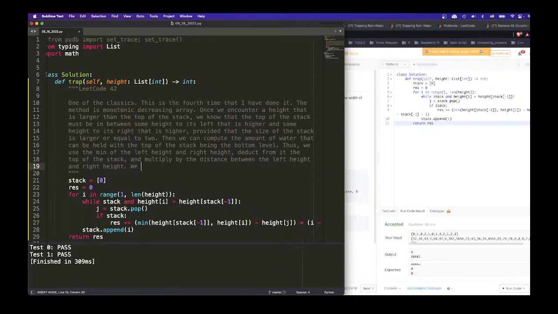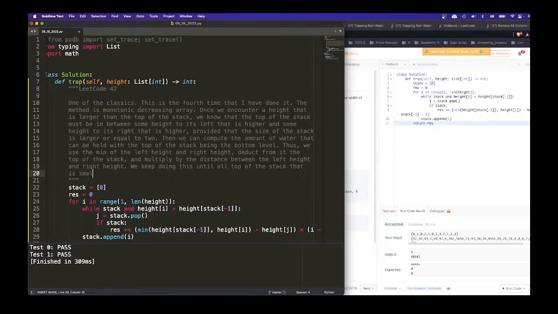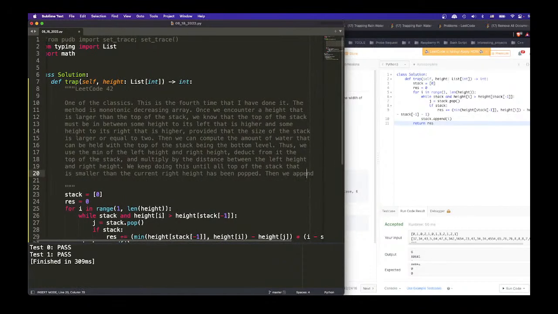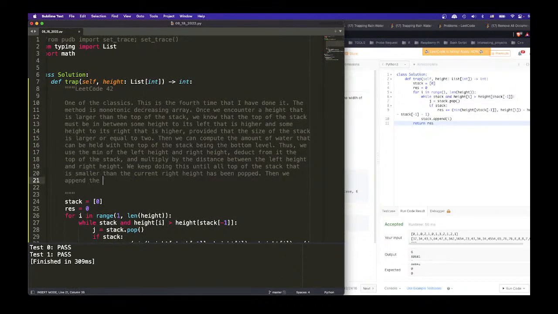And we keep going, right? We keep doing this until all tops of the stack that are smaller than the current right height have been popped. Then we append the left height, the right height.